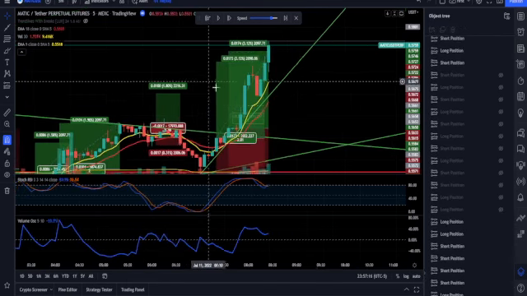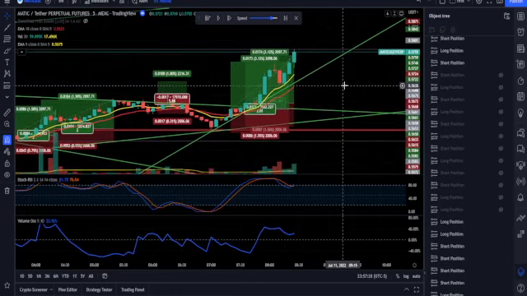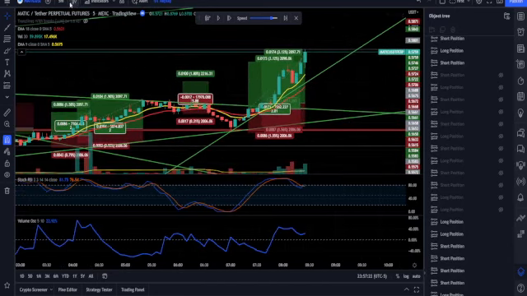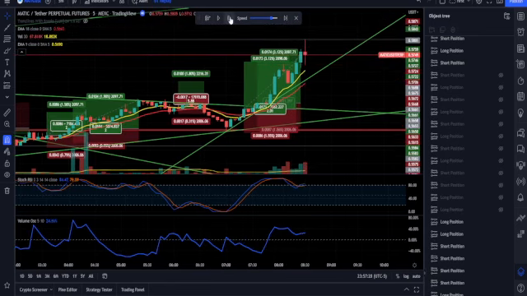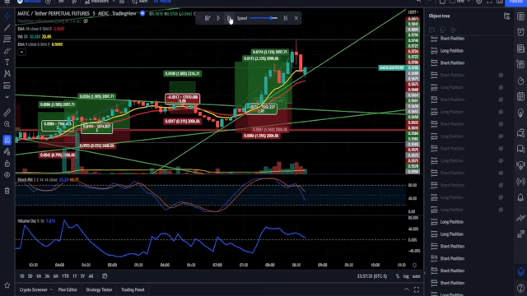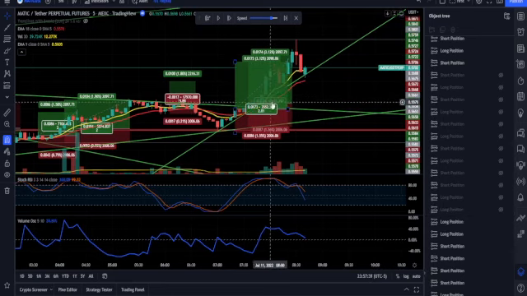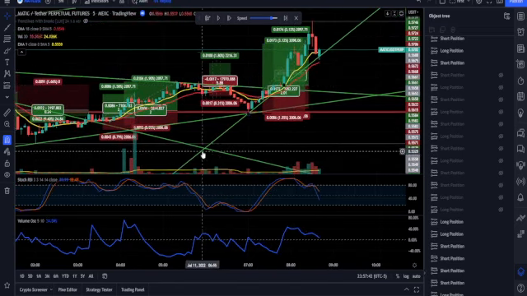Alright, we're going to look for our next trade here. Where am I? Alright. Okay. Is this it? No. Remember, we just drew this uptrend right here.